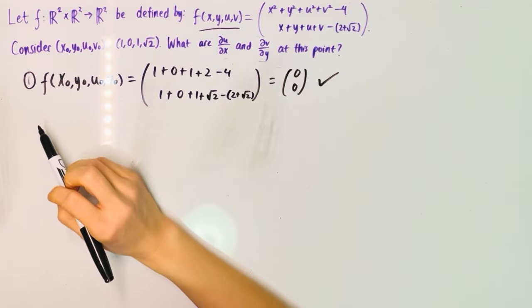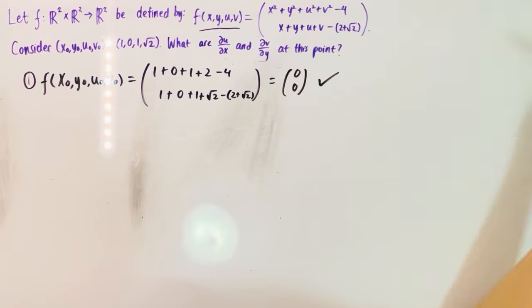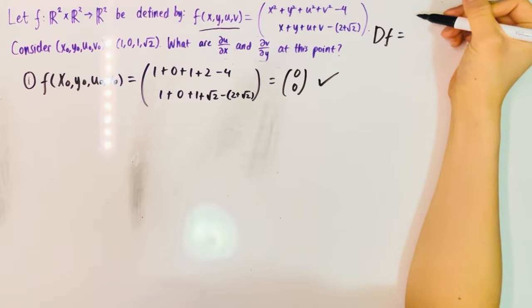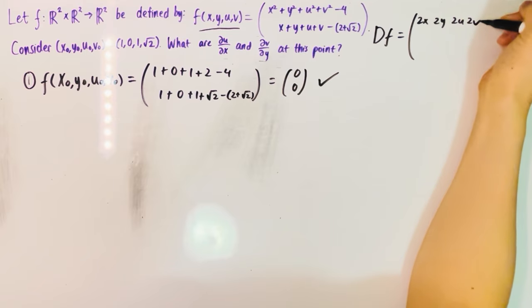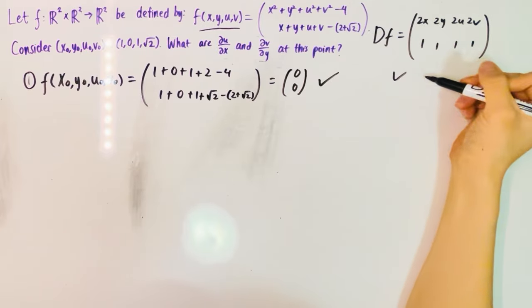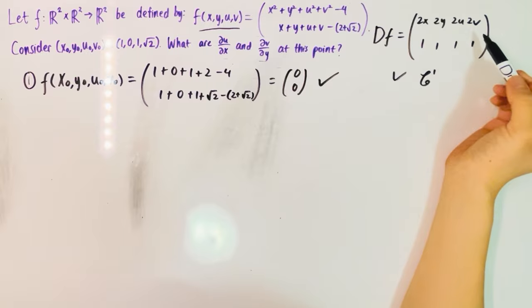Also, we need to show that it's C1. So let's take the partials. DF equals 2x, 2y, 2u, 2v, 1, 1, 1, 1. So we see that it's also C1 because all the partials exist and they are continuous.